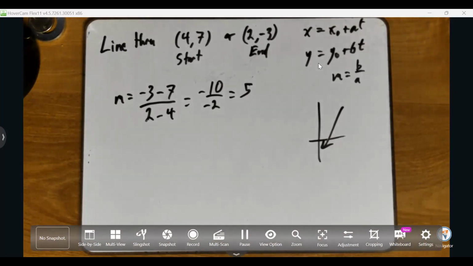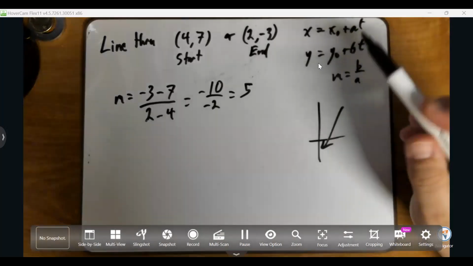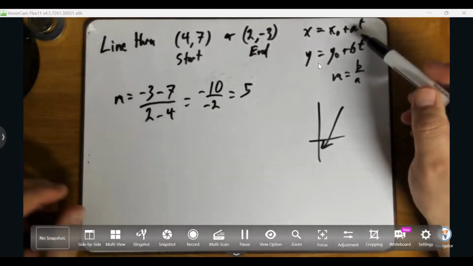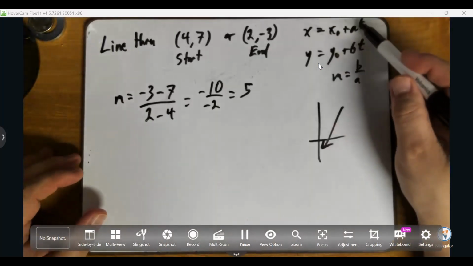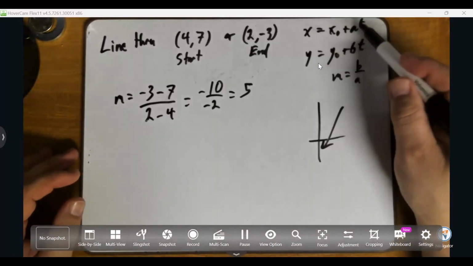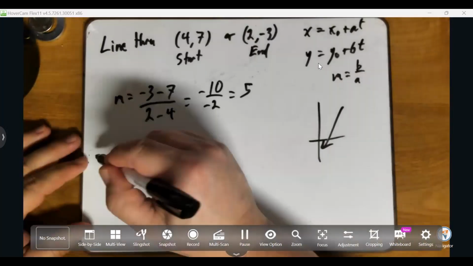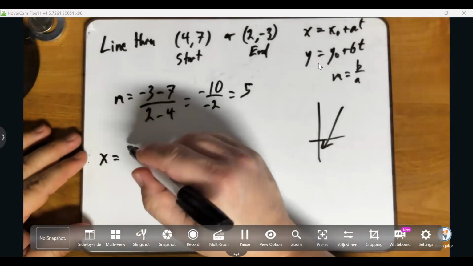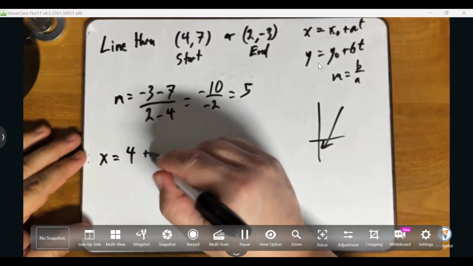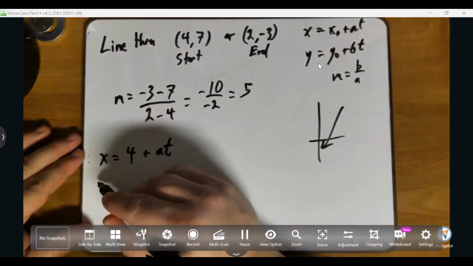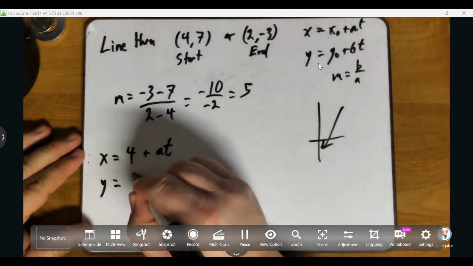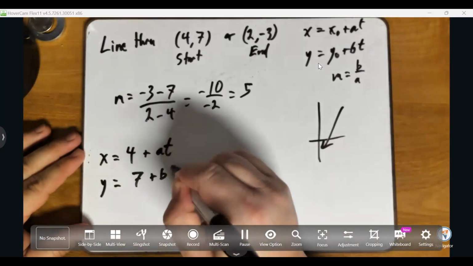We want t equals 0 to correspond to our starting point (4, 7). So we need x naught and y naught to be 4 and 7. So our x is going to be 4 plus at, and our y is going to be 7 plus bt.